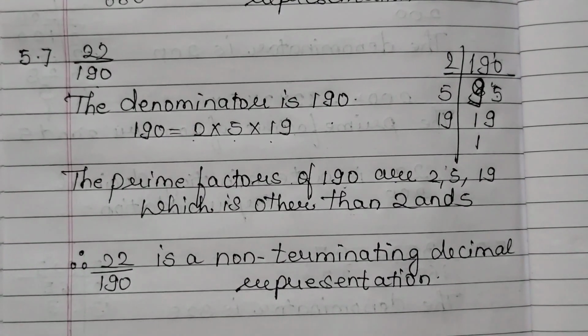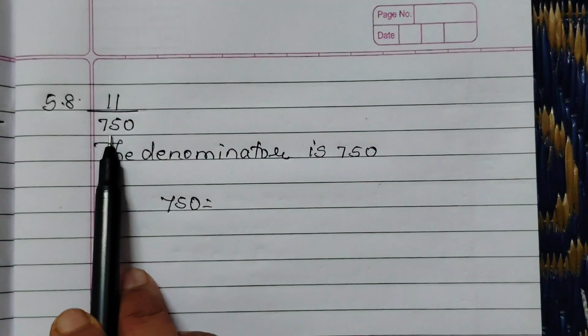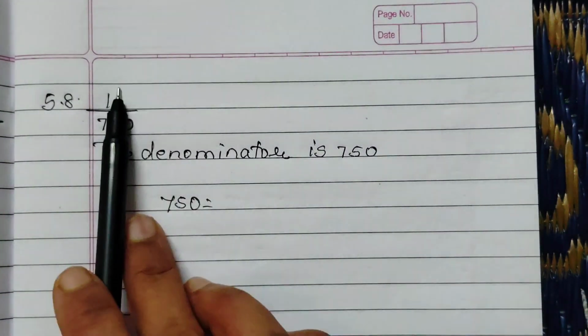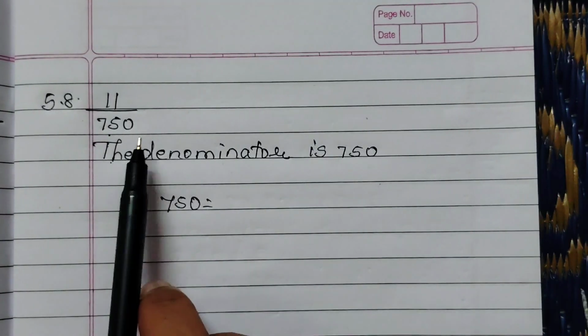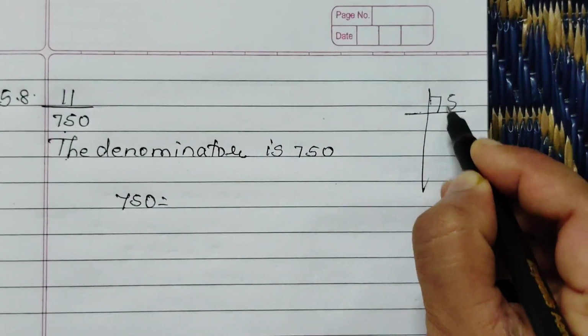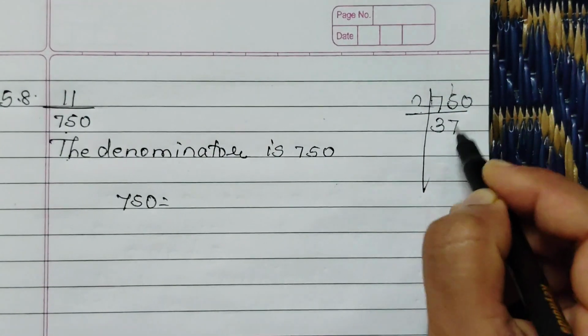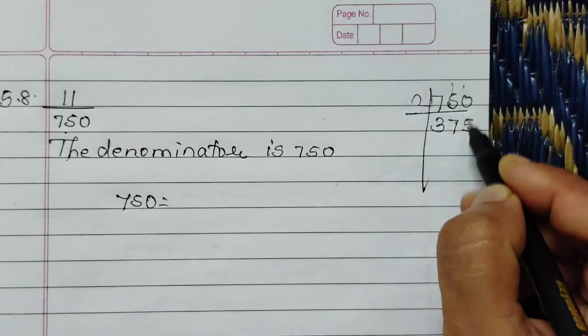Okay, now next question, 11 upon 750. We cannot reduce this, so we wrote the denominator is 750. Now we will take out the factors. 750. So 2 3s are 6, 1 carry. 2 7s are 14, 1 carry. 2 5s are 10.